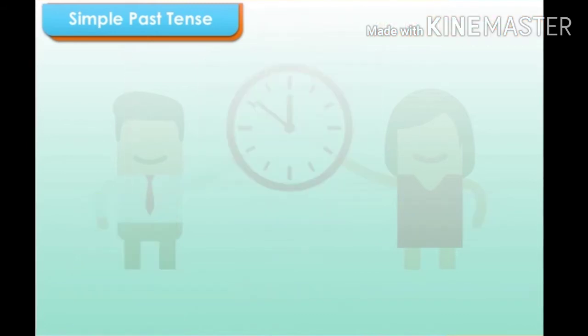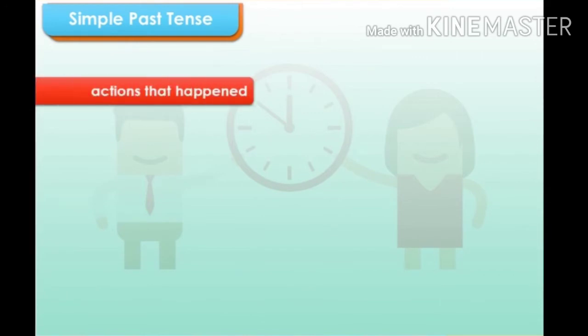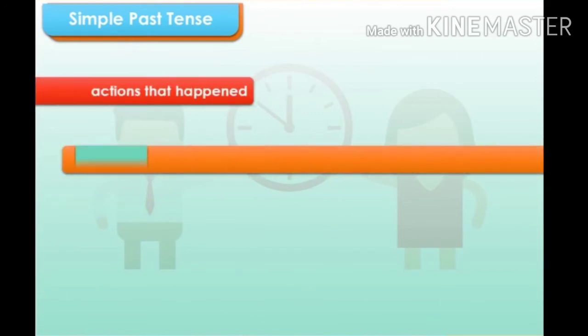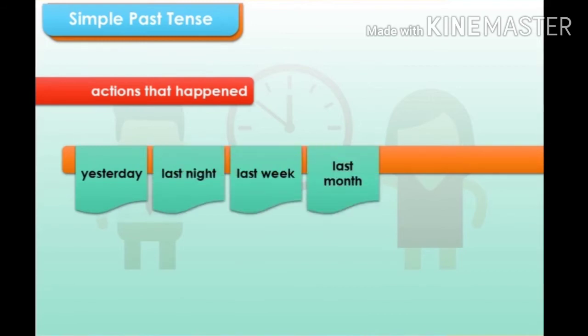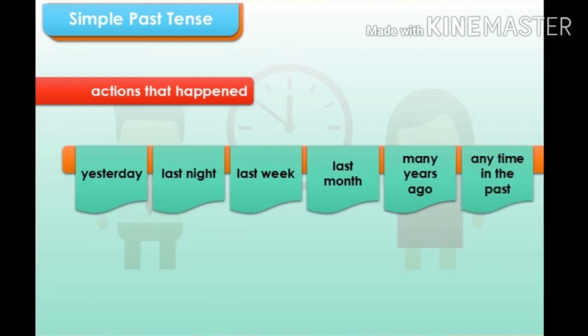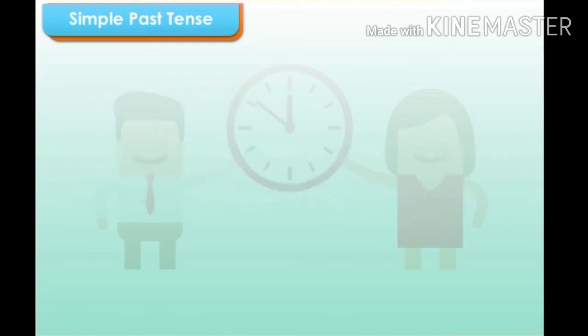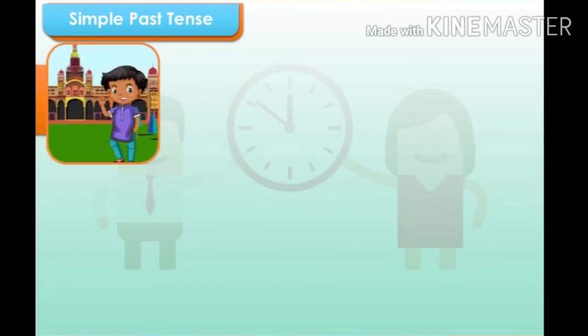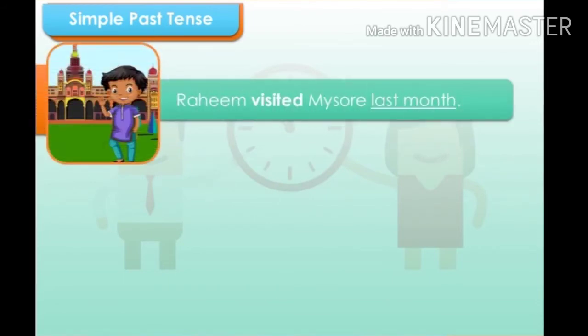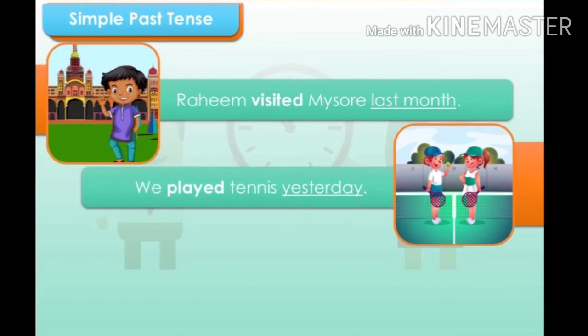So, when we say the simple past tense talks about actions that happened, it could be yesterday, last night, last week, last month, many years ago, or any time in the past. Let us look at some more examples. Rahim visited Mysore last month.